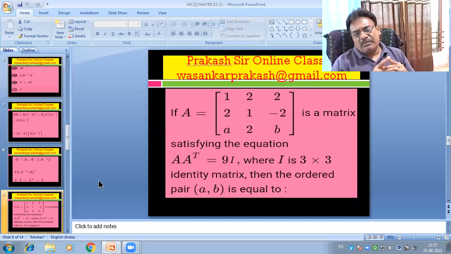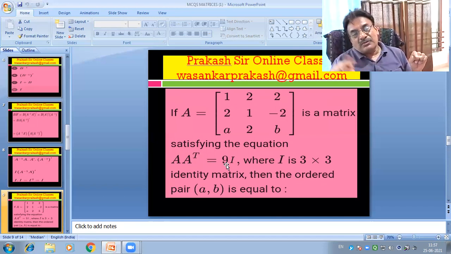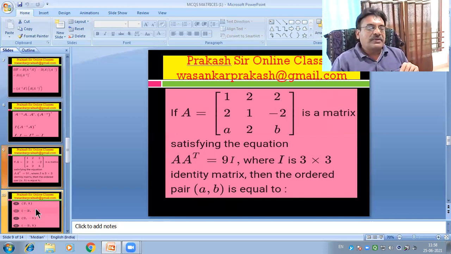All MCQs are very most important. If A is equal to the matrix [1, 2, 2; 2, 1, -2; a, 2, b], and A is a matrix satisfying the equation A times transpose of A equals 9I, where I is the 3 by 3 identity matrix, that is I is [1 0 0; 0 1 0; 0 0 1], the identity matrix of order 3 by 3, then find the ordered pair (a, b).